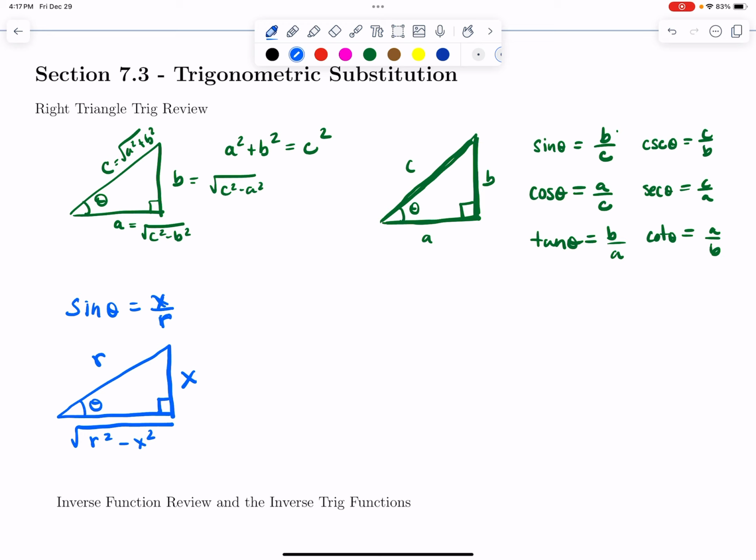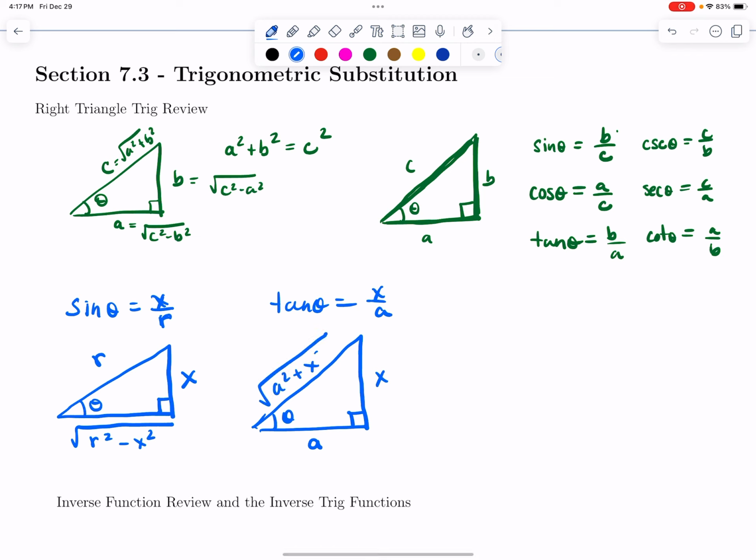What if I said tangent of theta is, we'll say, x over a? Well, let's draw that picture. So we know the ratio, that tangent is opposite over adjacent, so we could create this triangle that has that ratio for tangent. And that would mean this side right here is the square root of a squared plus x squared. Or maybe I say that secant of theta is x over a.